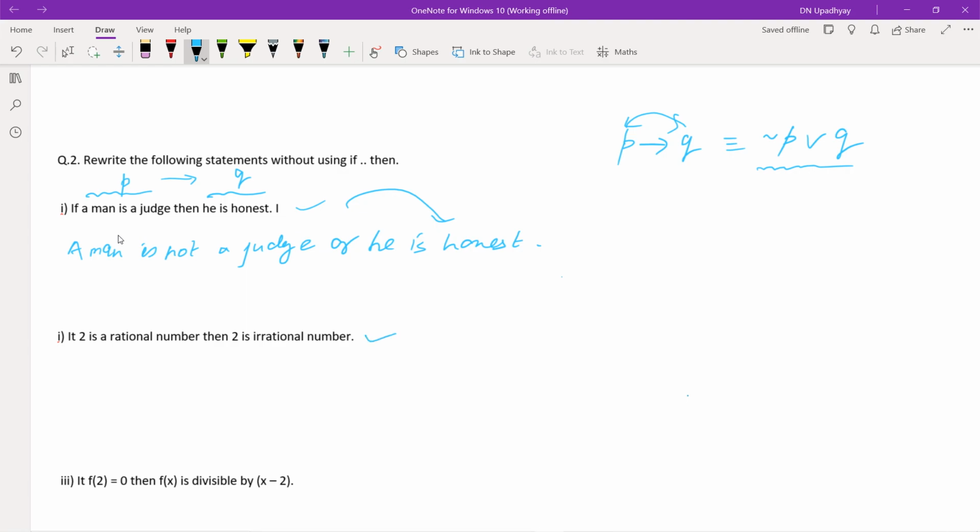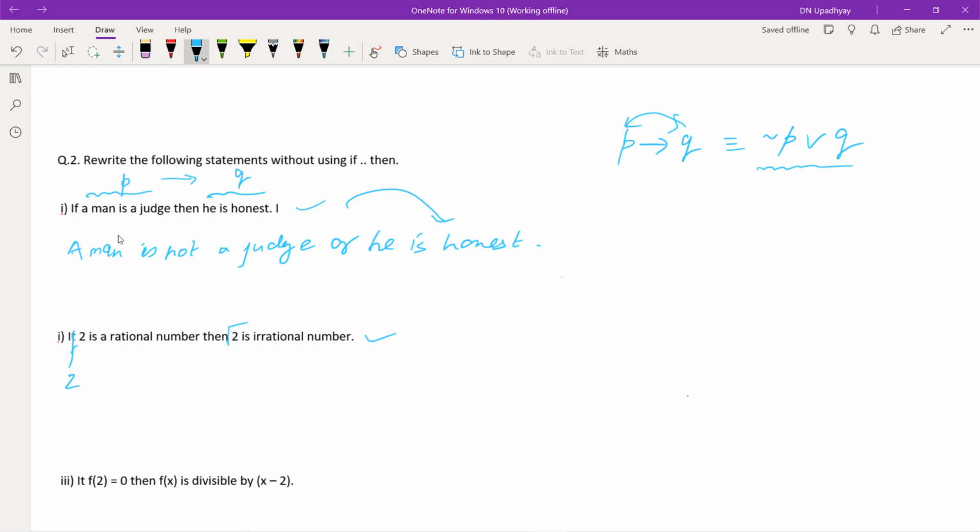Okay. Now, second one. Sorry, actually it should be, if 2 is rational number, then 2 is irrational. Wait, let me check. I think this one is a little bit wrong, the question. Wait. Okay, I think it is if 2 is rational number, then root 2 is irrational. Okay.